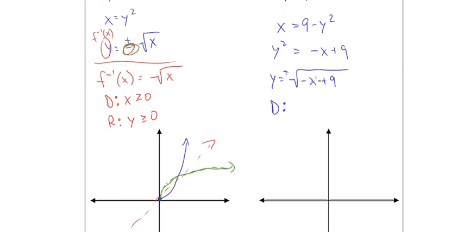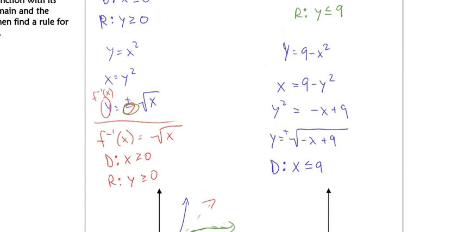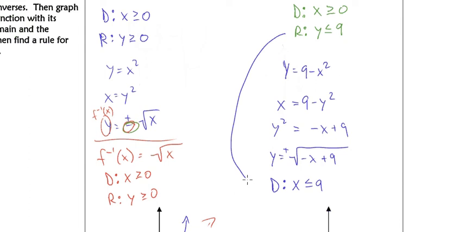Well, the biggest that x could be would be 9, because if it was 9 and we make that negative, we'd have negative 9 plus 9, which would be 0. But every value needs to be less than that from there on out. So x is less than or equal to 9, which should make a lot of sense because that was our range before. So that's really going to be our input now into our inverse.